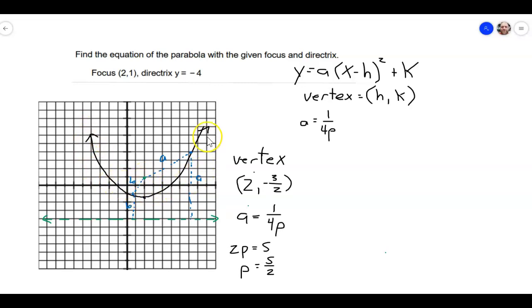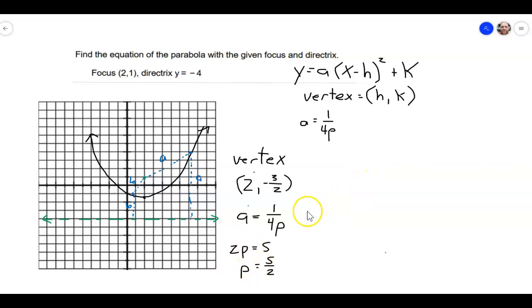So if it's an upwards parabola, our a and our p are going to end up being positive. But if it's a downwards opening parabola, then our a and our p are going to end up being negative, because you're going to start with the focus and move up towards the vertex and then towards the directrix. So your focus and your directrix will be on opposite ends. So you'll end up getting a negative a and a negative p. So just remember that. That's really important, and it's a place where I see a lot of mess ups happening.